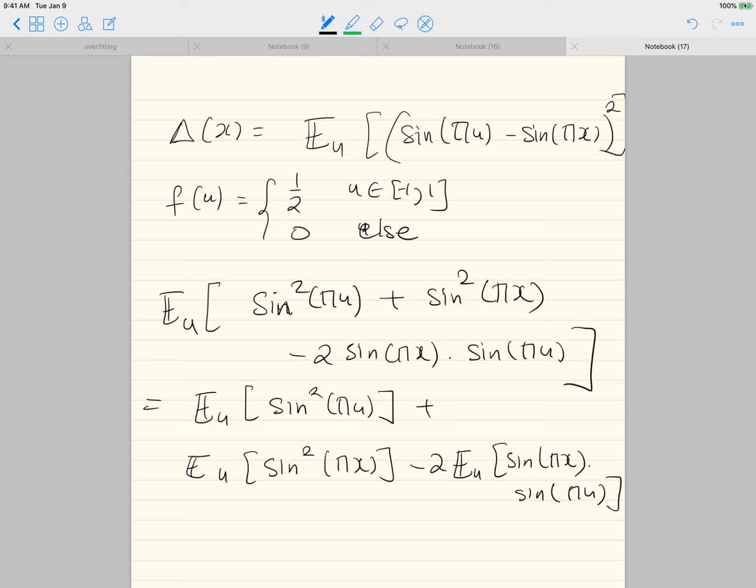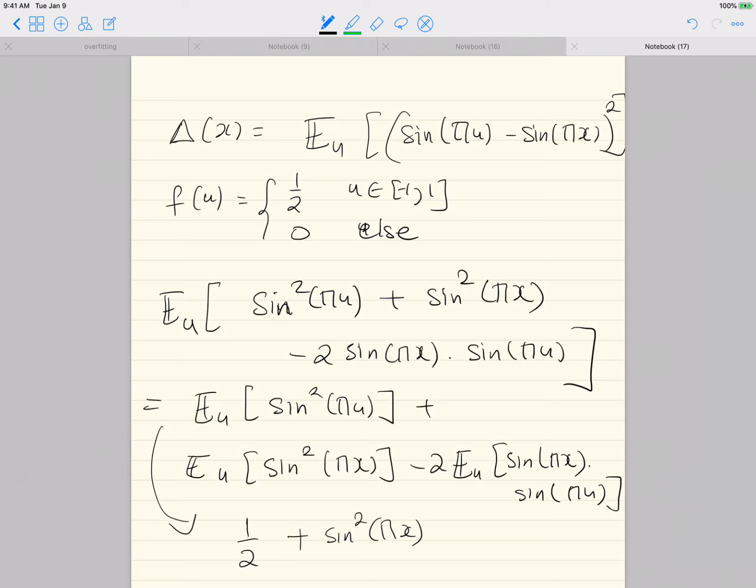So what's the first quantity going to be? We computed this before, on the previous page. It is the same as the variance, and it's half, I think. What about the second quantity? Sine square pi X, because this is a constant, it just comes out of the expectation.